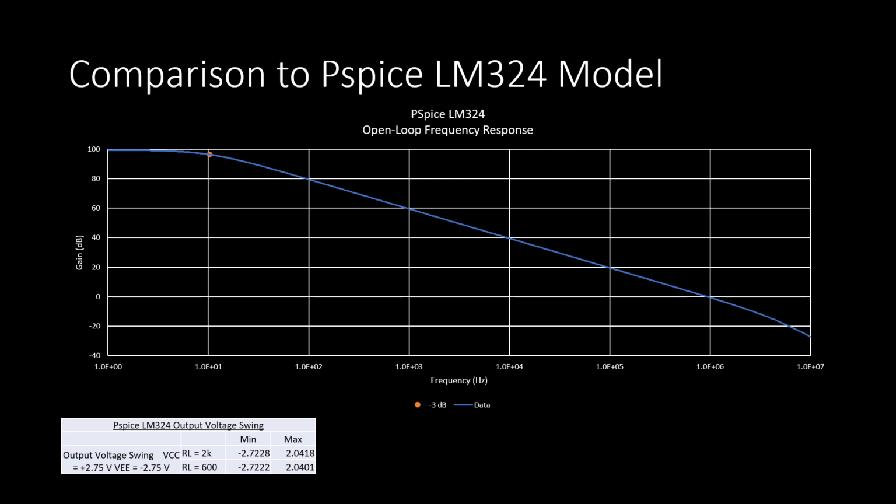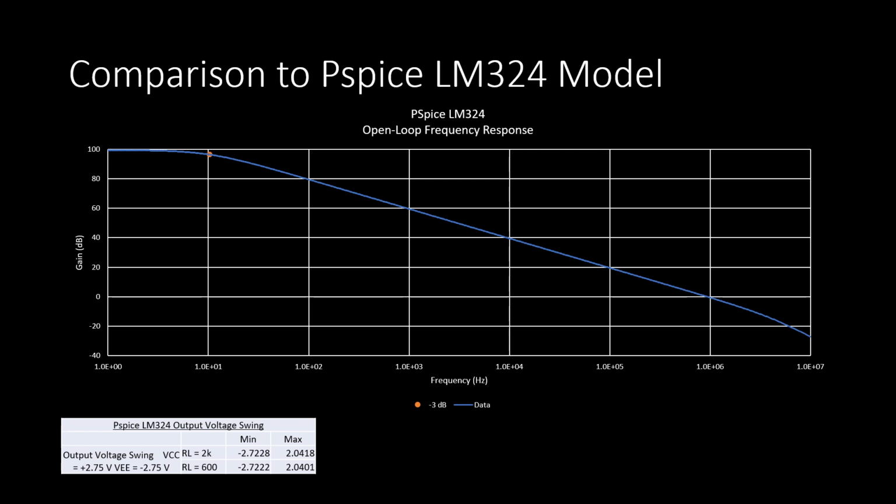Now I would like to compare the simulated model with the PSpice LM3224 model. This is also an NE5234 op amp and should yield similar results. This was first seen in the measurement of gain versus frequency, the open loop gain. The maximum gain was about 100, and it started to drop off.